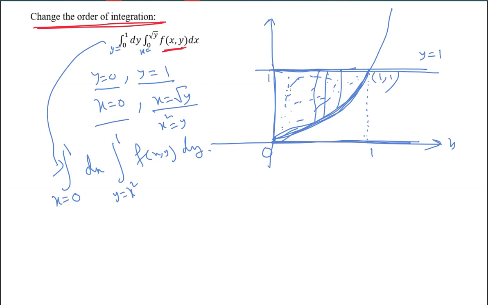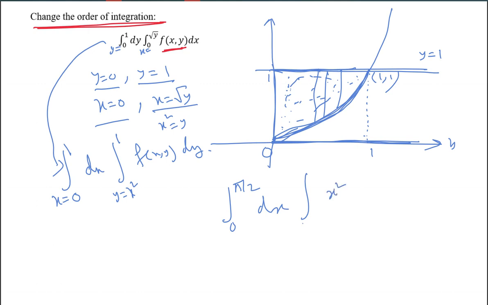Suppose integration 0 to pi by 2, dy dx. Suppose integration 0 to pi by 2, dx, and let me write some x square.